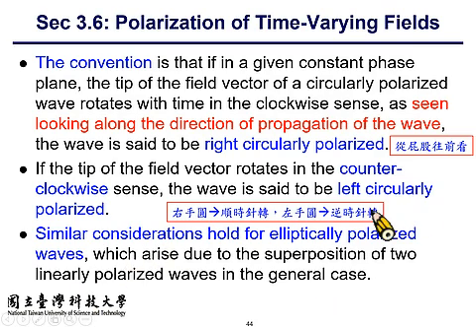The tip of the field vector of a circularly polarized wave rotates with time in the clockwise sense, as seen looking along the direction of propagation of the wave. The wave is said to be right-hand circularly polarized, right? And a footnote for this description is you look into the direction of propagation.